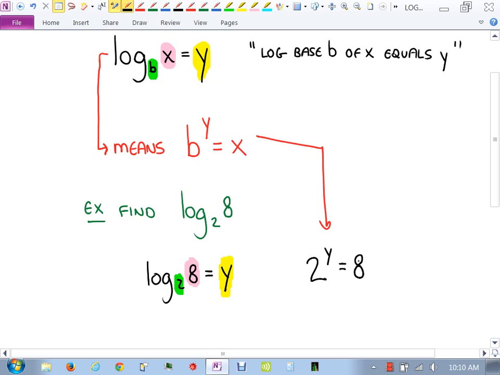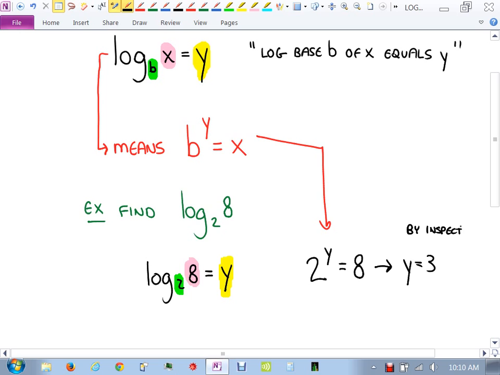It's 3, isn't it? You can look at that now and tell me, hey, look, y has to be 3 because 2 cubed is 8. So y is 3, just by looking. We get that by inspection.